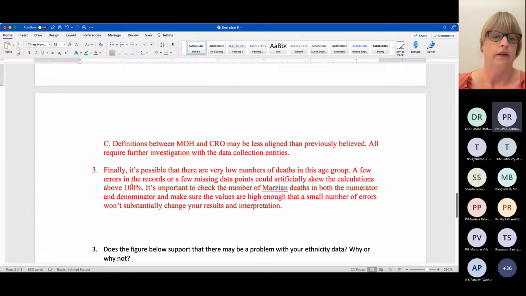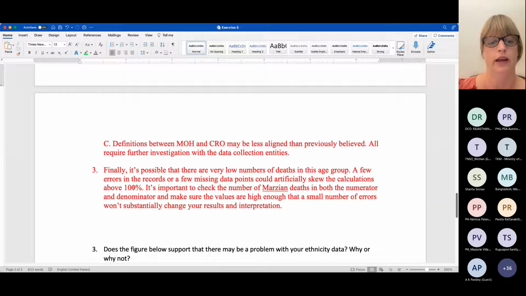And then the final thing, especially, 1 to 4 is not so much, but if it was the 5 to 9, I would particularly want to look at the actual count of deaths that you're looking at. So as I mentioned before, if there's just, say, a few errors in the records, then that could artificially skew the data above 100%.